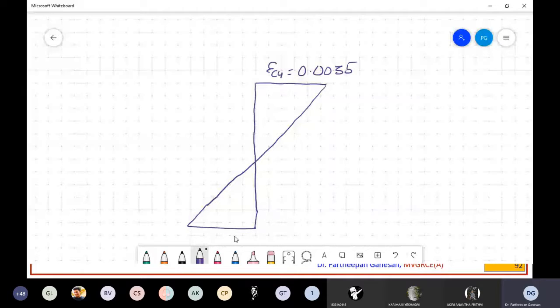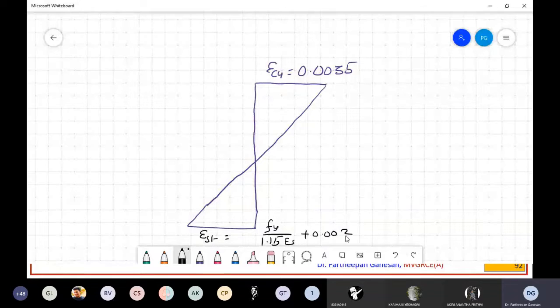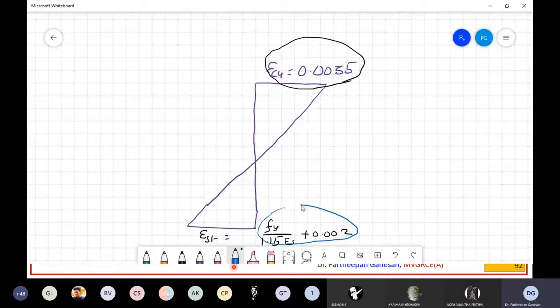This is the strain in the steel, epsilon St, which is given by Fy divided by 1.15 times Young's modulus of steel, plus 0.002. You provide steel in such a way that concrete attains this value and steel simultaneously attains this value. Then whatever AST you provided is called AST limit.